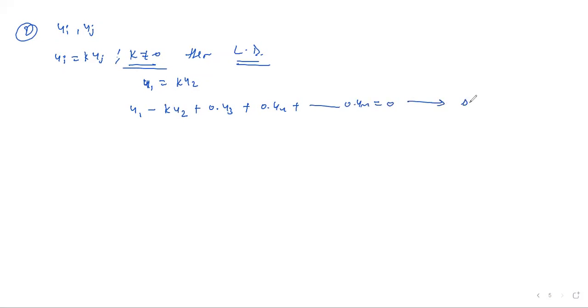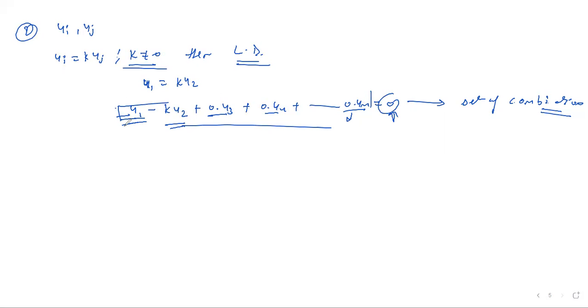Here I have assigned the scalars for all these vectors as 0, but the scalar for u1 is 1 and the scalar for u2 is -k. The whole linear combination makes the resultant 0, but the scalars are not 0, so this set of vectors is linearly dependent.